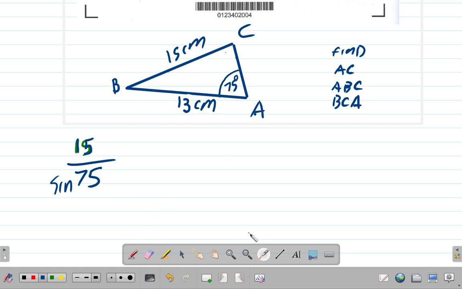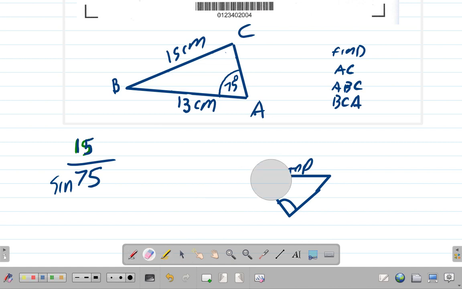And if you should draw a triangle like this, this angle would be at the bottom, and this side would be at the top. So it's the opposite side.